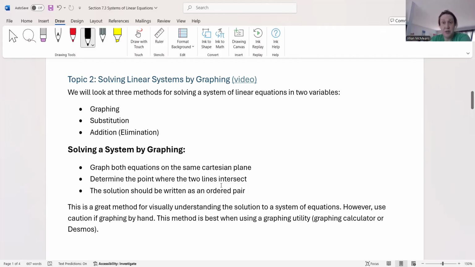If you're trying to graph this completely freehand, it can be really tricky because as precise as we might think we're graphing, typically when we graph by hand, things are a little wobbly. This is a great method for visually understanding the solution to a system of equations. However, use caution if graphing by hand. This method is best used with a graphing utility, meaning a TI-83, 84, 85, 86, whatever calculator, or Desmos.